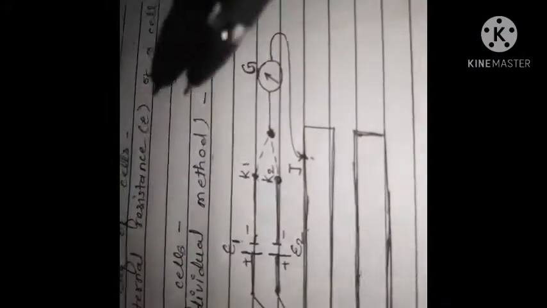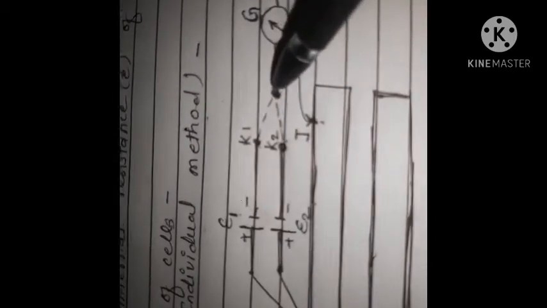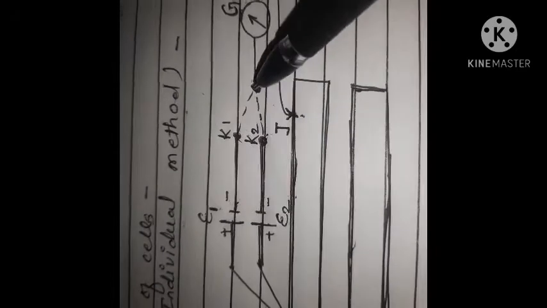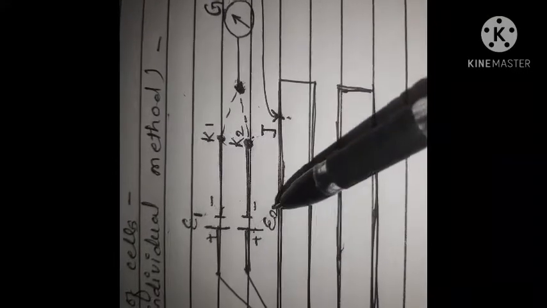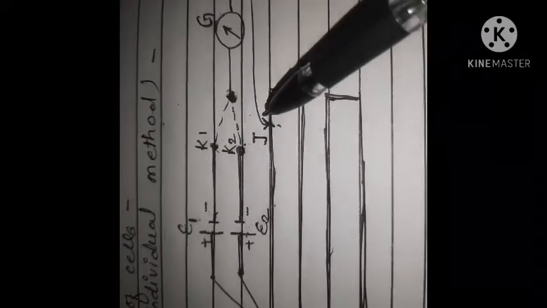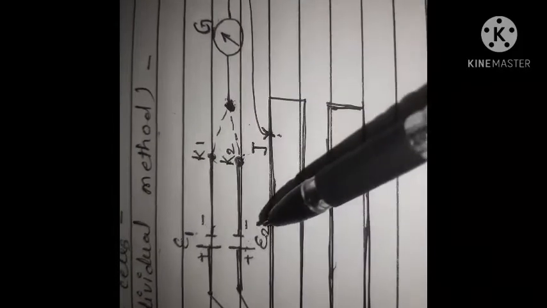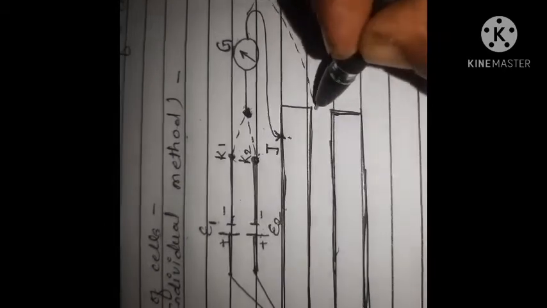Now keep K1 open and K2 closed. As soon as K2 is closed, the cell of EMF E2 comes in contact, or in the circuit.